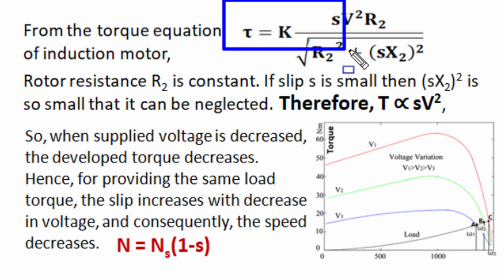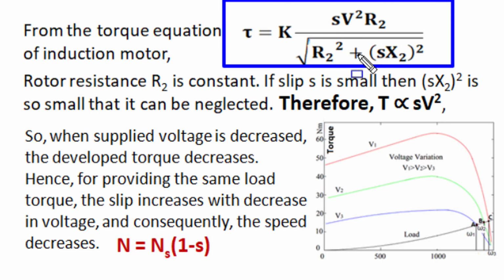The torque and slip relationship of an induction motor is shown in this blue frame, and the relation indicates that torque, apart from slip, depends upon the stator applied voltage, and torque is directly proportional to the square of the applied voltage. It also depends upon the per phase rotor resistance R2 and the standstill rotor per phase leakage reactance X2.